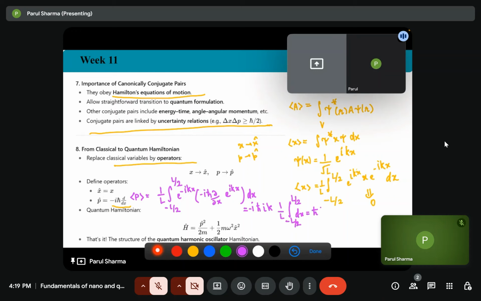So now we got the expectation value of x equals 0, whereas the expectation value of P is h cross k.